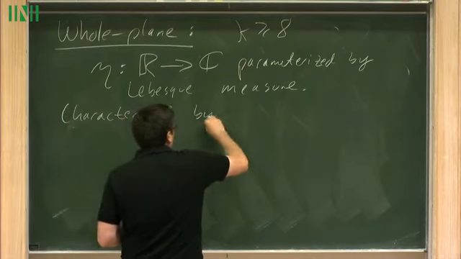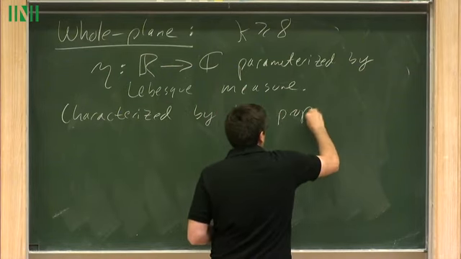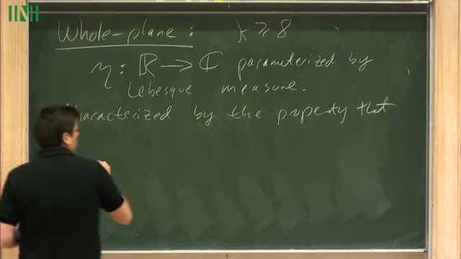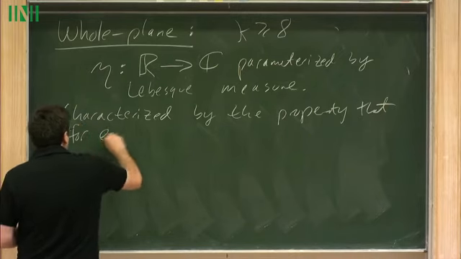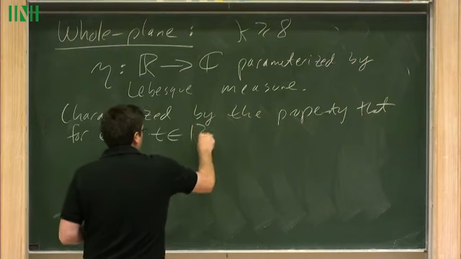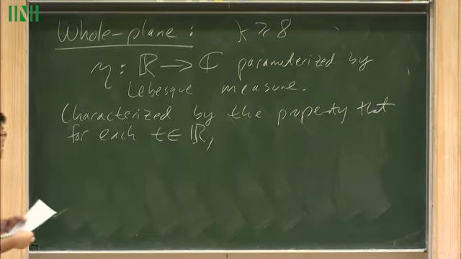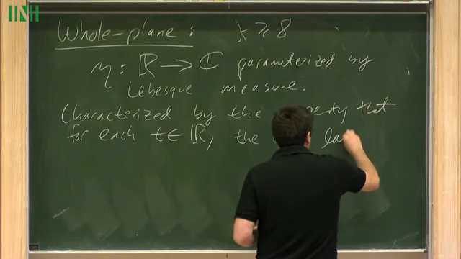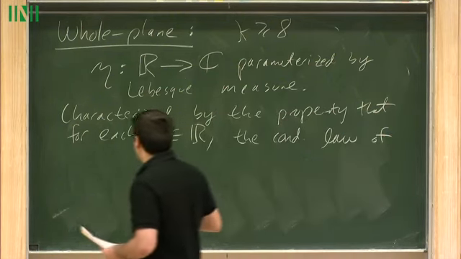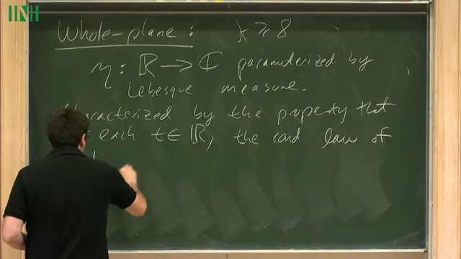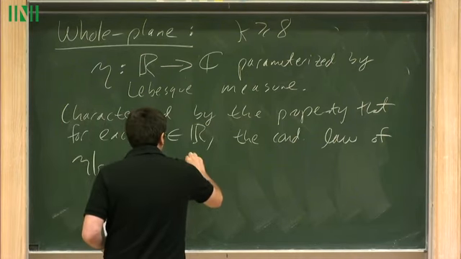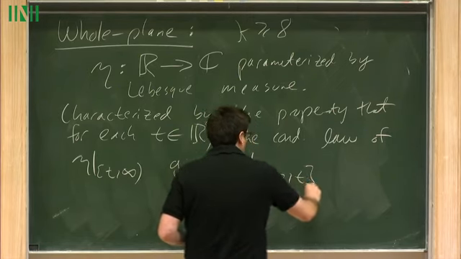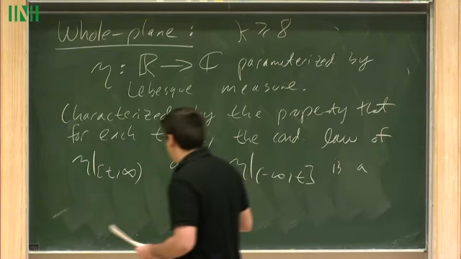So it's characterized by the property that for any given value of t, if you give me any time t, then it's going to be true that the conditional law of the curve after time t, given the realization of the curve up to time t, is just going to be an SLE curve.